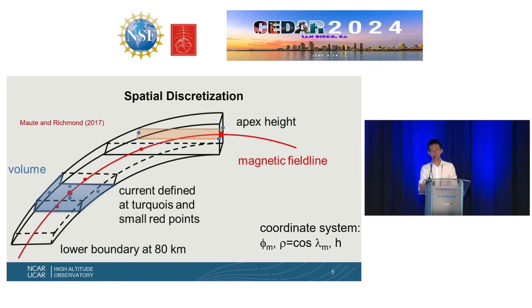So we calculate the currents in the volume and out of the volume. The detailed grid setup can be found in Maute and Richmond 2017. I'm going to skip the details of the grid setup here, and people interested can refer to that paper.